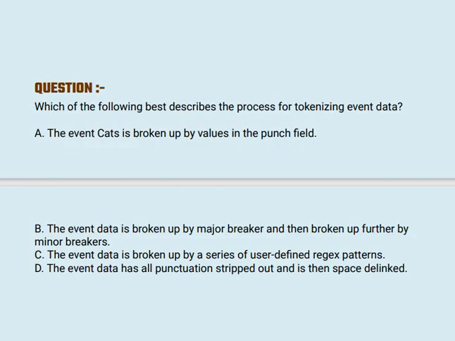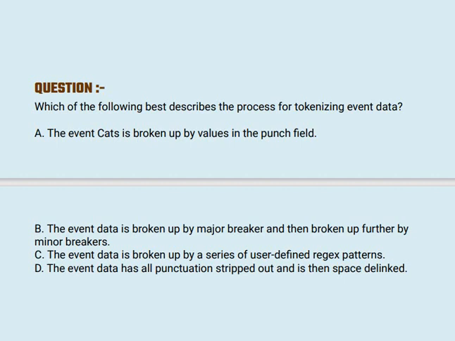Today's question is, which of the following best describes the process for tokenizing event data? Option A, the event data is broken up by values in the punct field. Option B, the event data is broken up by major breakers and then broken up further by minor breakers.